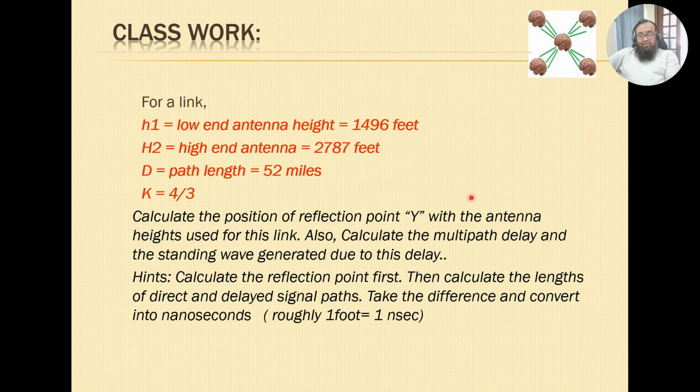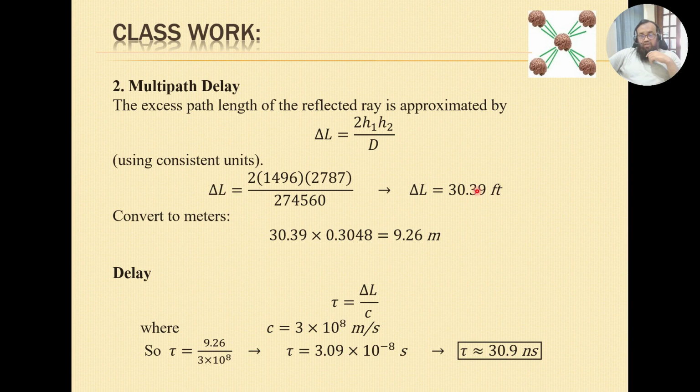If you remember in the question, the approximation was 1 feet is equal to 1 nanosecond. So 30.39 feet should be almost 30.39 nanosecond. But here we don't go for the approximation. We put the simple formula that basically the delay is the difference between this length and the speed of light.